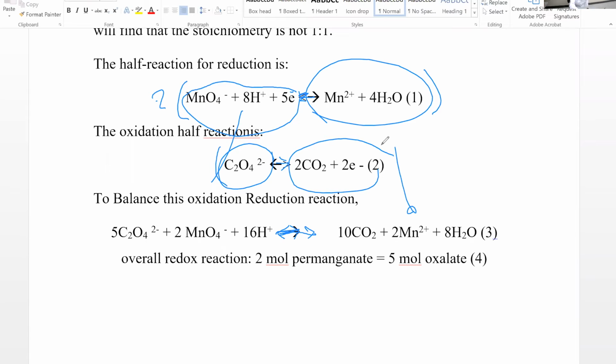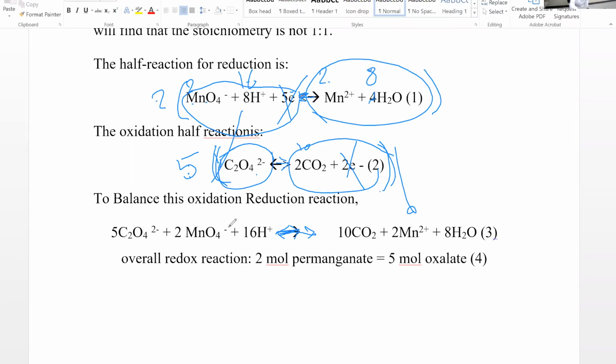And this half reaction, we are going with the least common multiple, by 5 to get 10 electrons. So 5 times 2, 10 electrons would cancel. 2 times 5 would be canceled. But this is going to give us 2 permanganate, 16 hydrogen, 2 manganese 2 plus, and 8 of the water. And for the bottom one, you get 5 oxalate ion and 10 CO2.